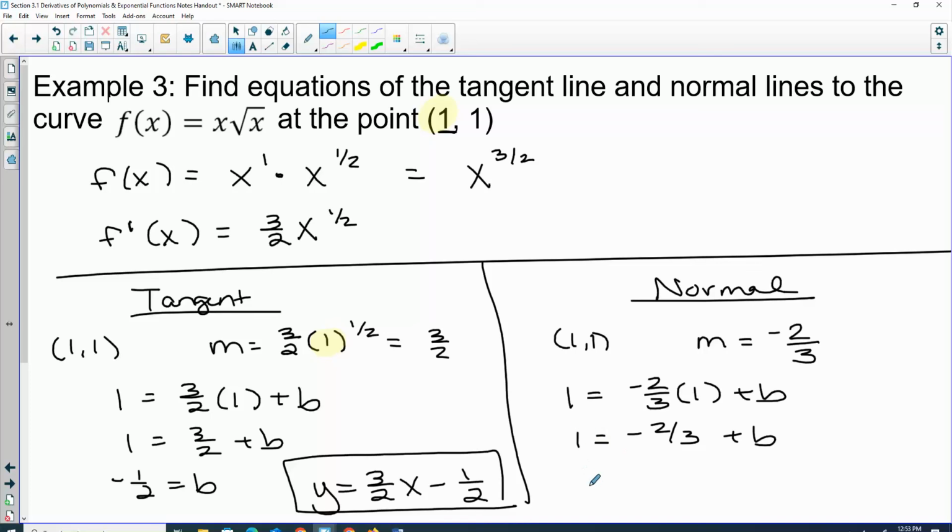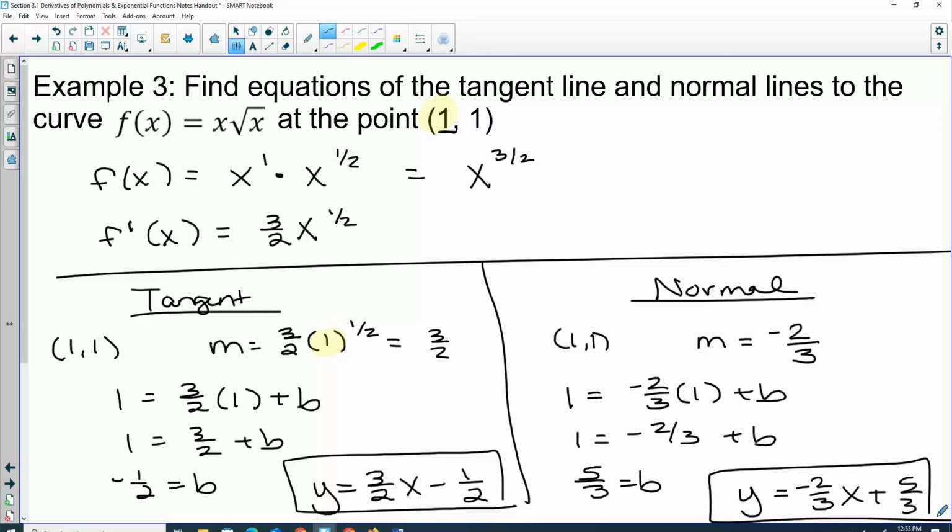Okay, 1 is like 3 over 3 plus 2 over 3 is 5 over 3. Any questions there?